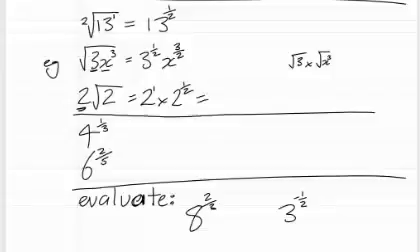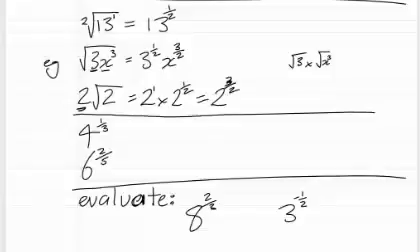So that's 2 to the power of 3 over 2, adding 1 plus a half. 1 plus a half is 1 and a half, and if we write that as an improper fraction, 3 over 2.